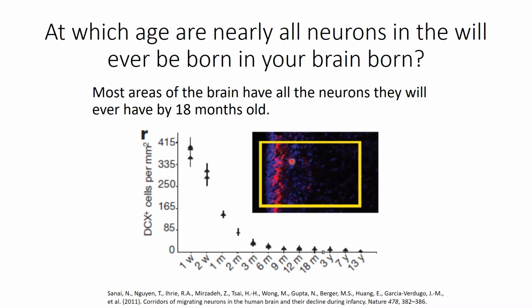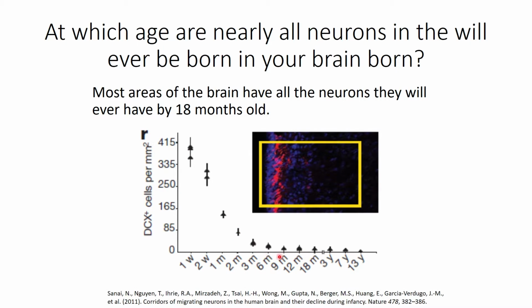So the red cells here are the baby neurons. This is the ventricle here. And this is a section that had been taken from some kind of infant brain of a human being. And here's the age of individuals over time. As you can see, the number of DCX positive neurons, these baby neurons, are relatively high at 1 week, 2 weeks of age, 1 month, 2 months.